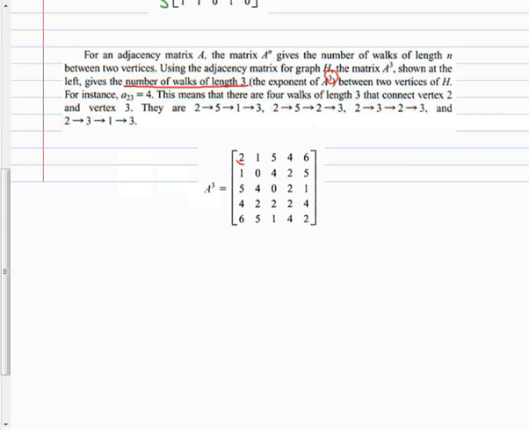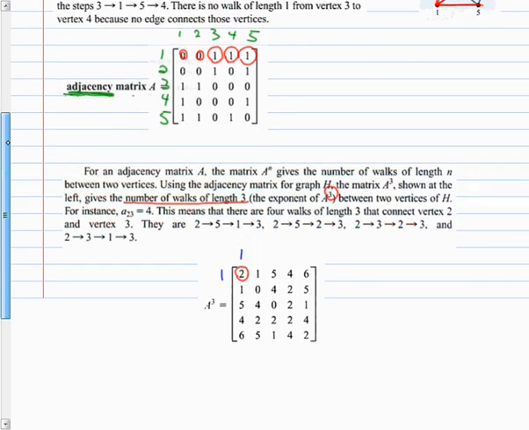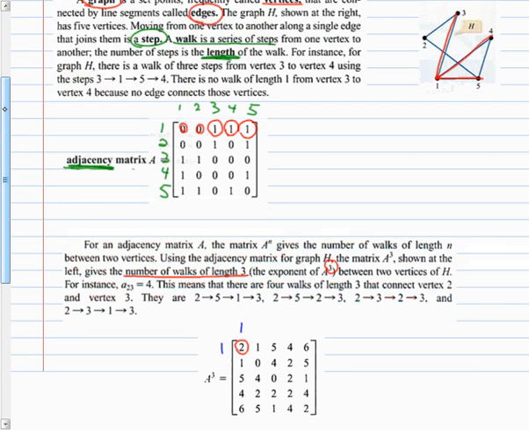So let me just take this corner right up here, and let's see if we can figure it out. This is going from 1 back to 1. There are supposed to be 2 3-step walks. So look up here. I want to start at 1, and I want to stop at 1, and I want to take 3 steps to get there.